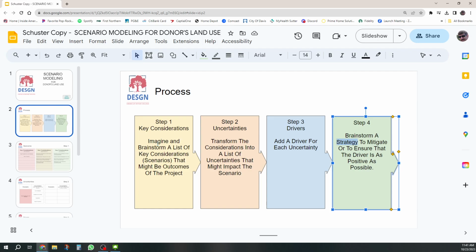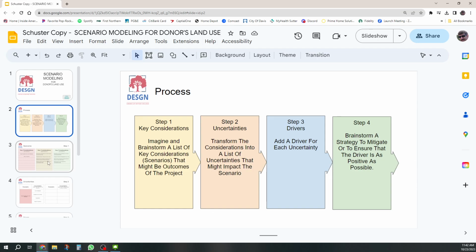So we start off with an imagined outcome, and we end up with strategies that help us mitigate, make sure that we don't get there, or ensure that we do get there. So let's take an example so that you can see how this can look.